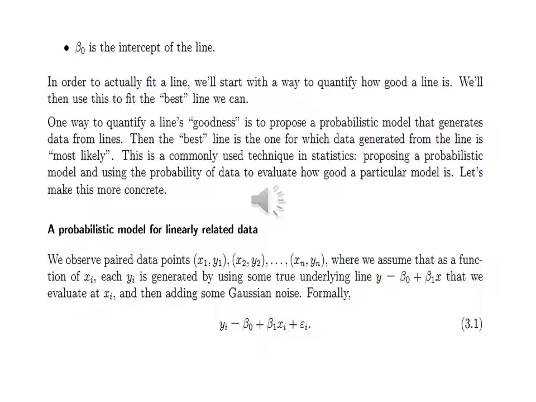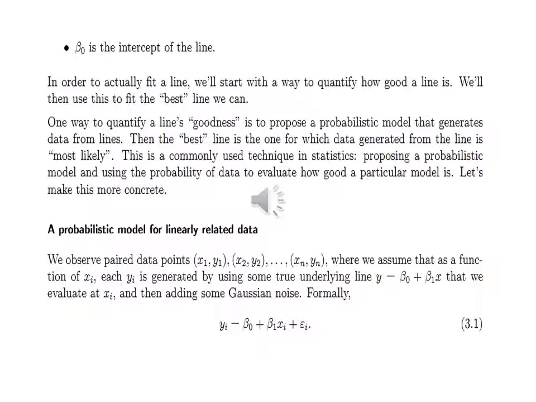Formally, yi equals beta 0 plus beta 1 xi plus epsilon i. This is the first equation in our linear regression problem.